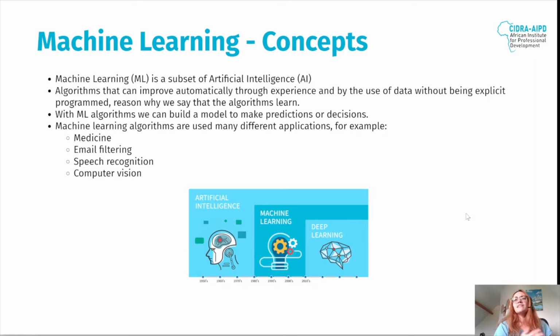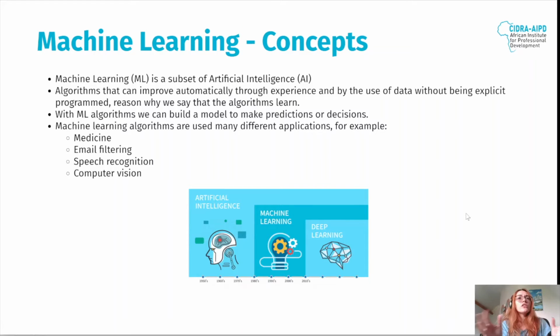That means that we are not explicitly programming what the algorithm needs to do. We say that the algorithm is going to learn how to predict something. That is the entire idea behind ML algorithms: we can make predictions or make decisions from these models.